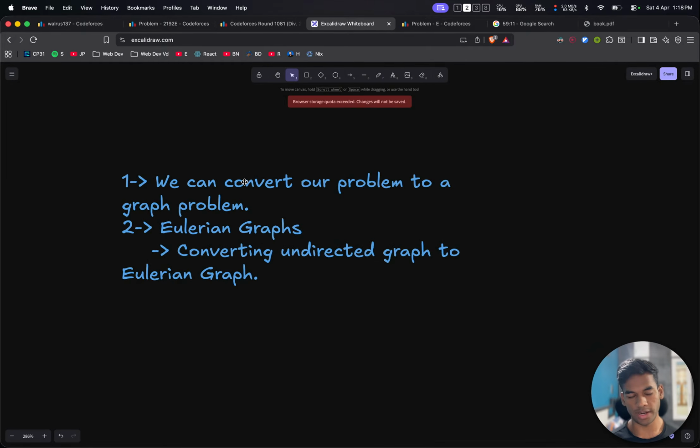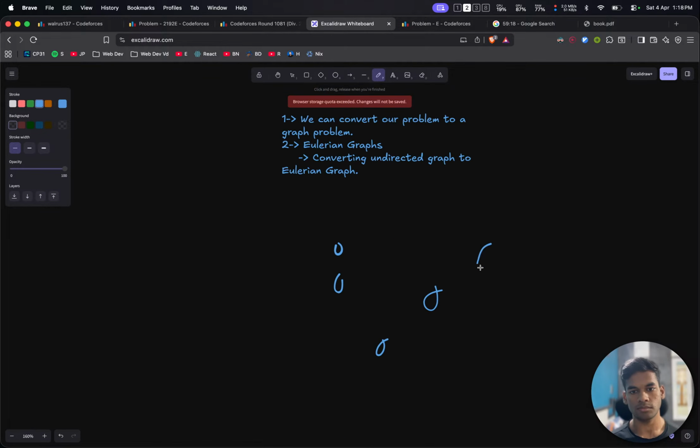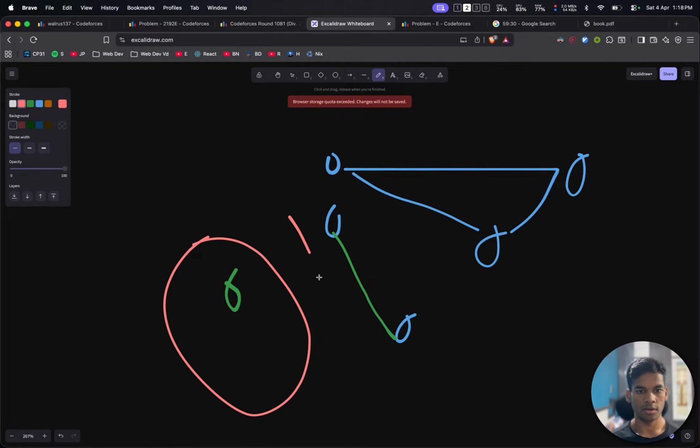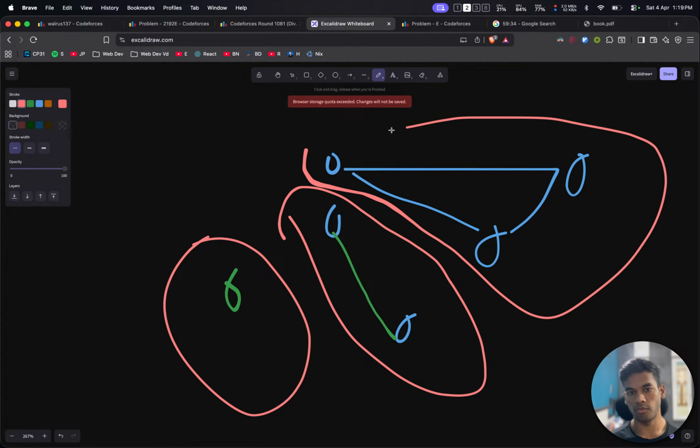And component simply means that if you have a graph connected in some way, if you can divide your graph in such a way that there is no way to reach one node from another node, then those nodes are treated as a different component.